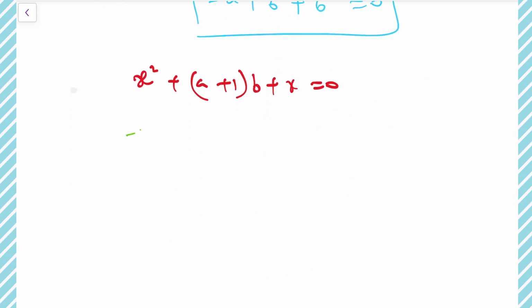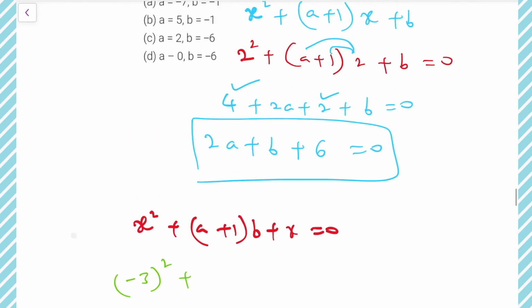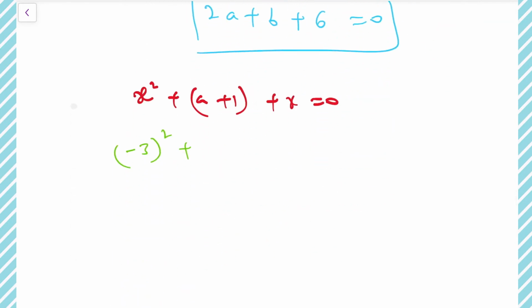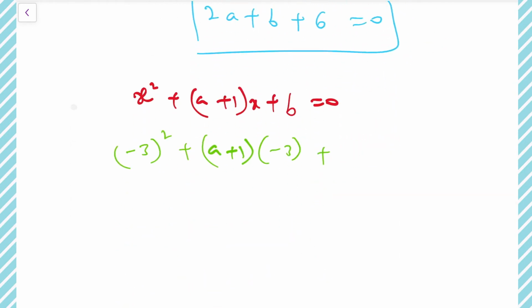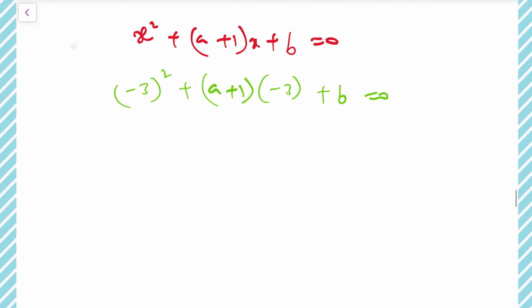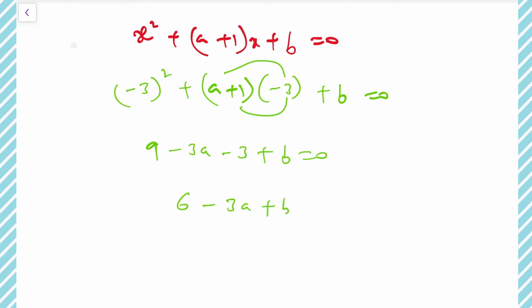So that will become (minus 3) whole square plus (a plus 1) into minus 3 plus b is equal to 0. Minus 3 whole square is 9, minus 3 into a is minus 3a, minus 3 into 1 is minus 3, plus b is equal to 0. 9 minus 3 is 6, minus 3a plus b is equal to 0.